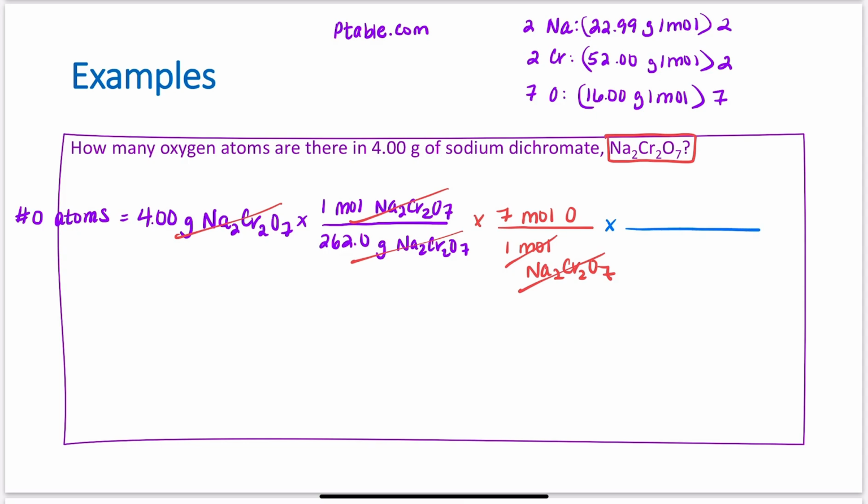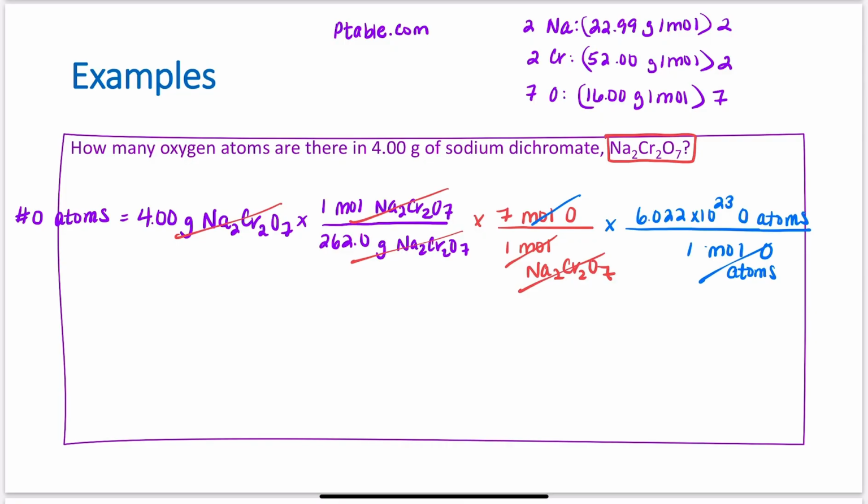Now that I got moles of oxygen, I can go ahead and convert to number of oxygen atoms. 6.022 times 10 to the 23rd oxygen atoms is 1 mole of oxygen atoms. So that cancels out.